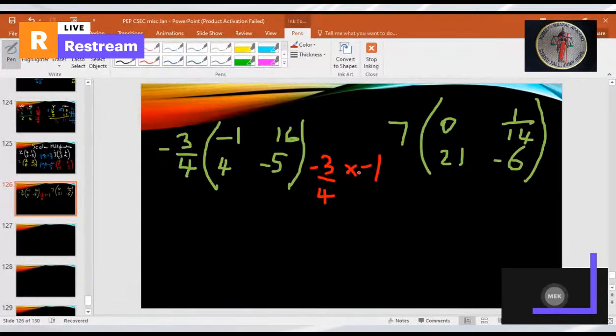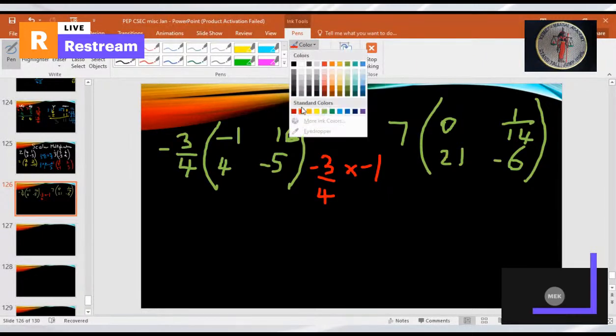Negative times negative is positive, and anything times 1 is the same. So for here we'd end up with a positive. So in this section here, where the -1 was, we'll have 3/4.